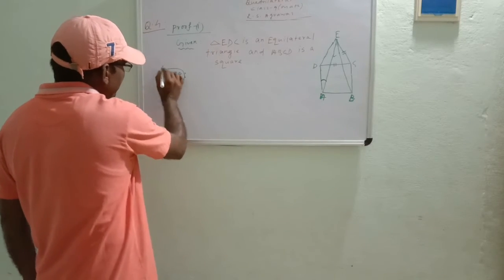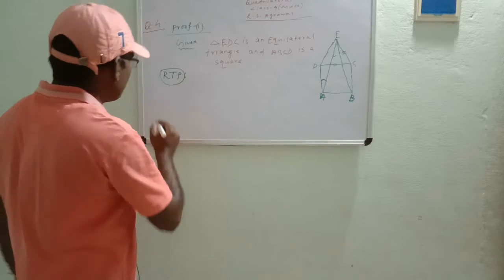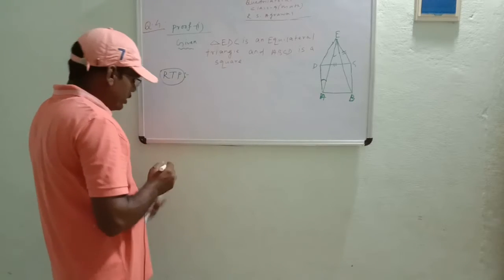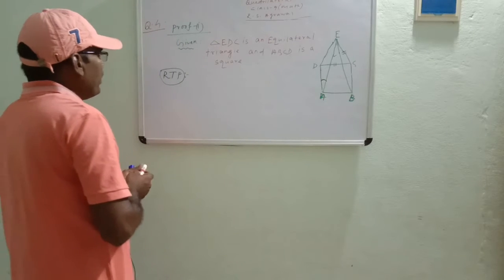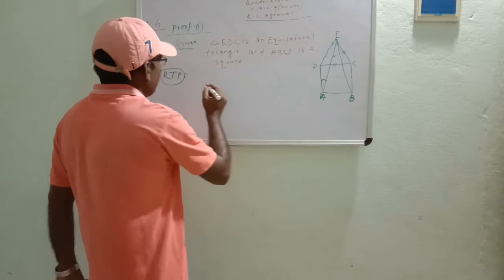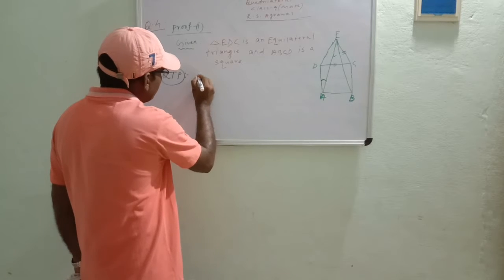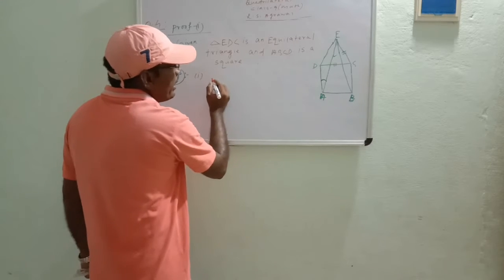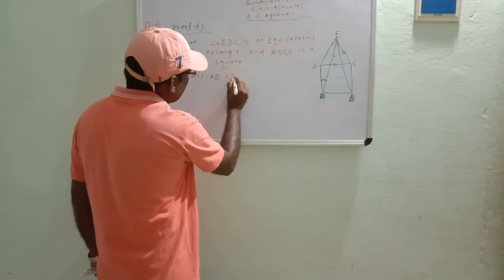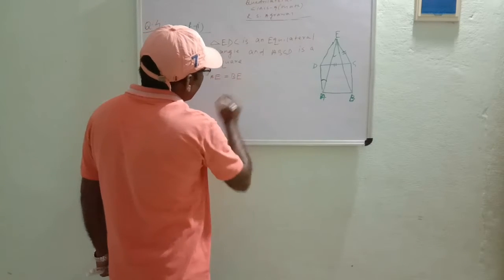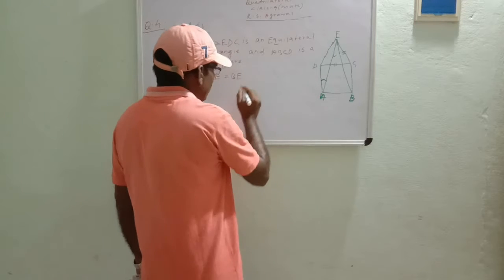RTP का मतलब है required to prove. So in the RTP part, you have to mention number 1, AE is equal to BE.